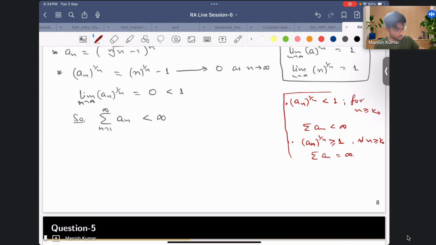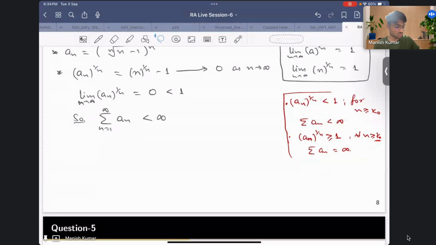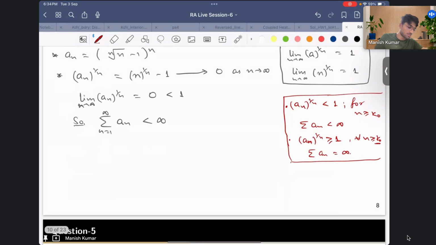So if you get some k naught existence, then you are done. In case the limit does not exist, you basically have to find some subsequence. So you can deal with lim sup or lim inf, right? And get the existence of some subsequence which is converging to some limit which is strictly less than 1 or greater than 1. If you get one of the cases, then it's done. So you basically have to get this kind of bound, that's it.